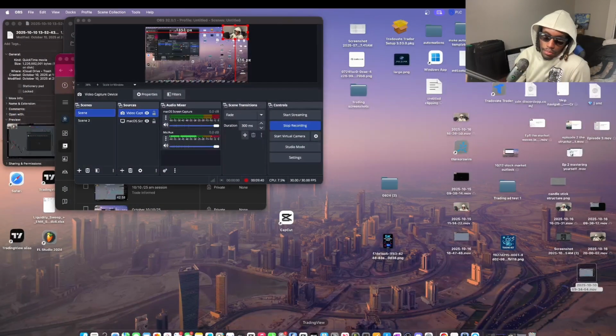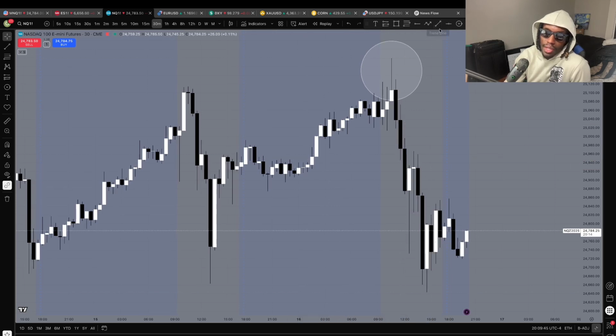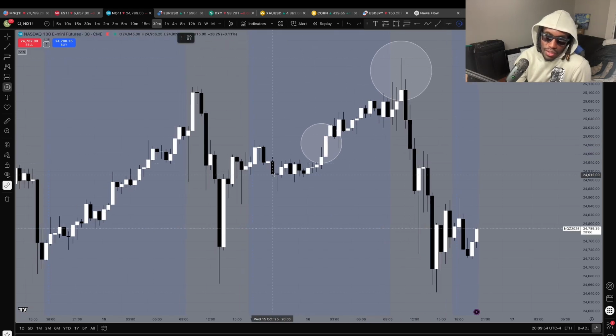So back to the chart, I could just show you guys some examples. Right here, this is a really chunky body, so that shows a lot of bullish momentum. But then a candle like this shows indecision. It's a really skinny candle, like a 50-50 candle.